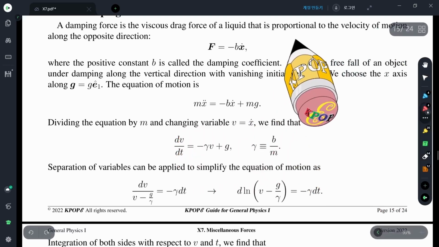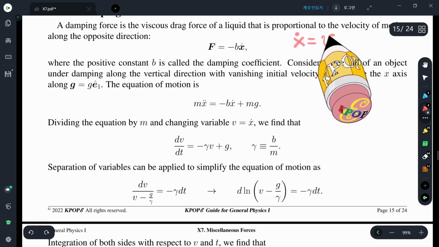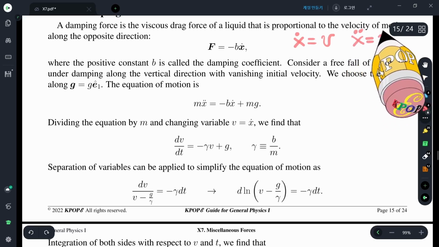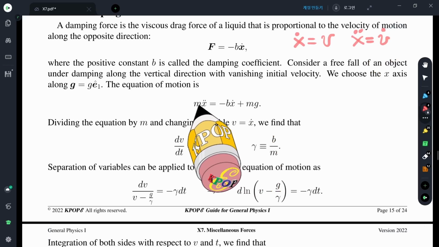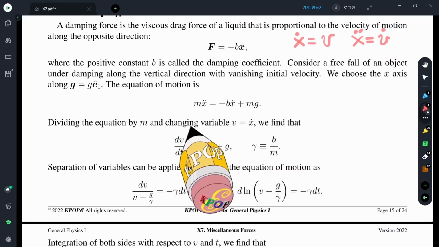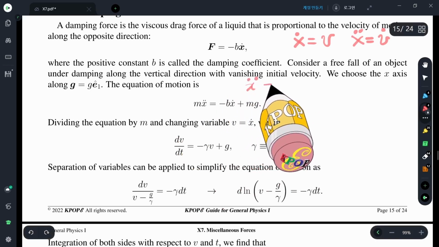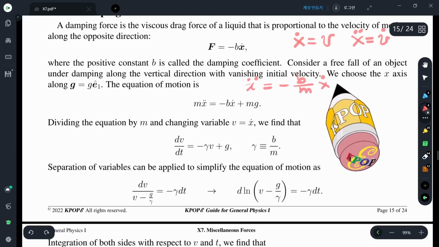Let us replace x dot with v, that is velocity. Then x double dot is v dot. And I don't like this mass m. Let us scale this equation with mass. Then it becomes x double dot equals minus b over m x dot plus g.